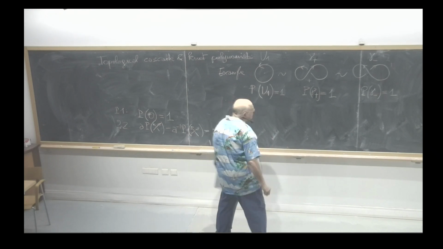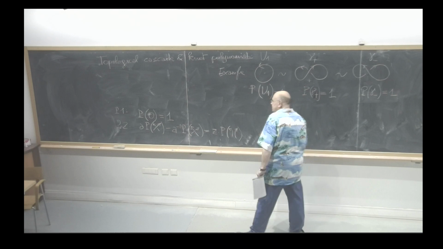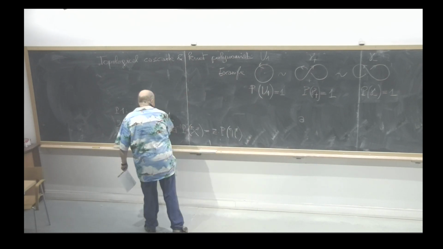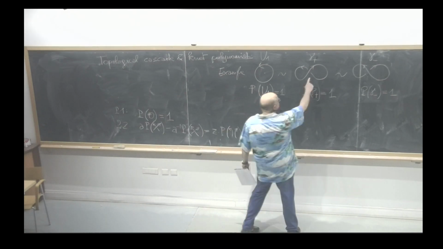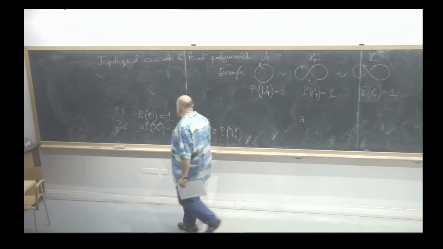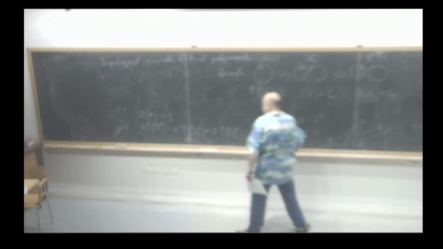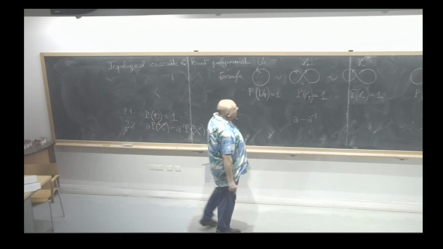Let's work on this second relation. I have an A here, and then the polynomial of the positive crossing, which is 1, and then minus A minus 1 times the polynomial of the other one.